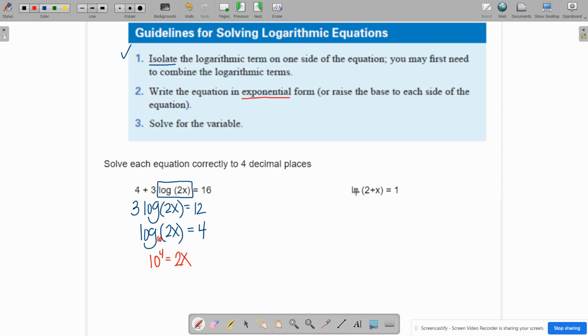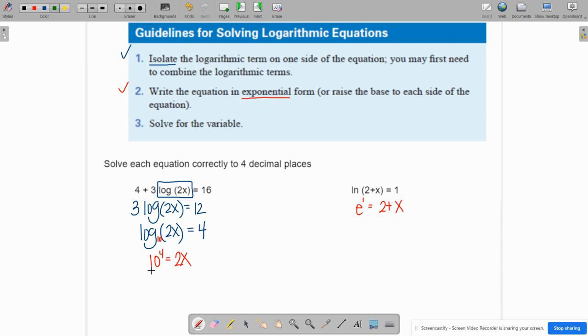And over here, the natural log is a log base e, so we would say e to the 1st power equals 2 plus x. Just in rewriting it with exponential form, we now have a variable that you're no longer taking the logarithm of. It's very easy to solve for that variable. So step 2, we've rewritten it in exponential form, and now we just need to solve for the variable.